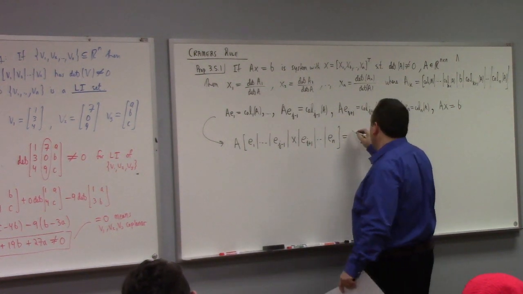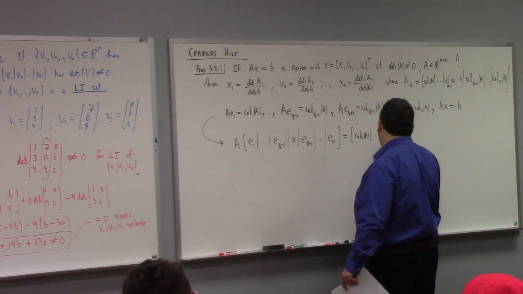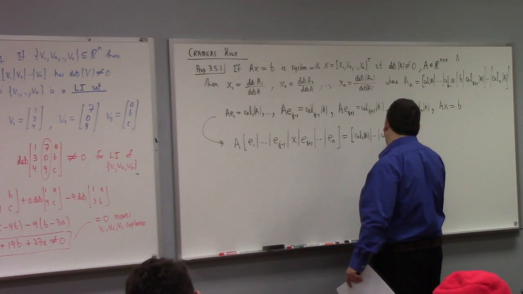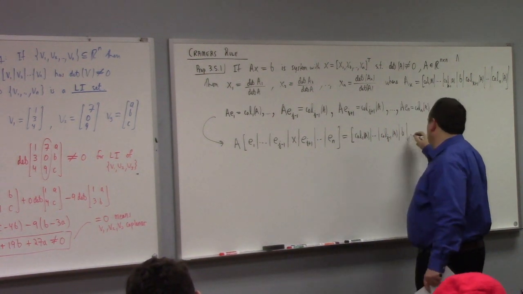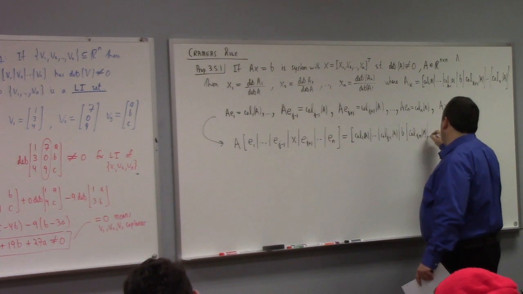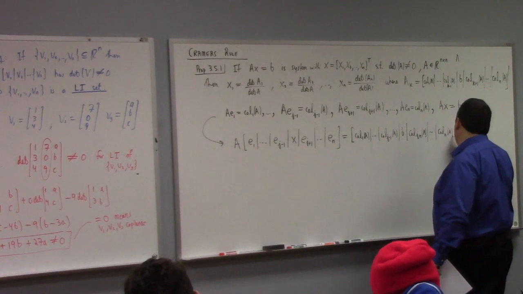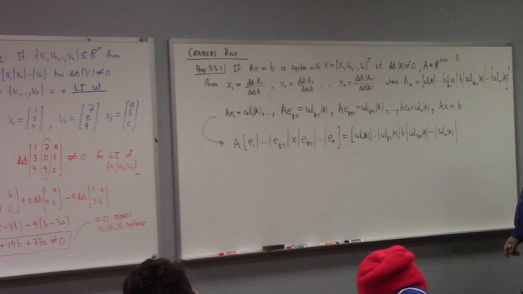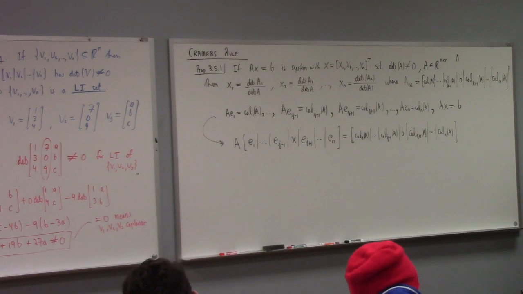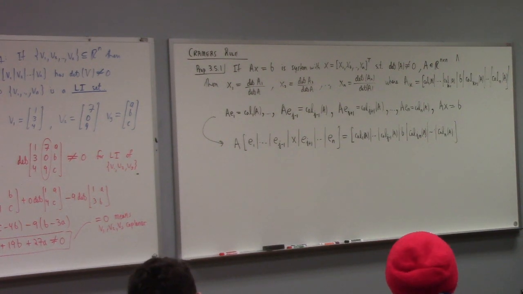It's equal to column 1 of A, ..., column j minus 1 of A, b, column j plus 1 of A, ..., column n of A. Do you guys agree?